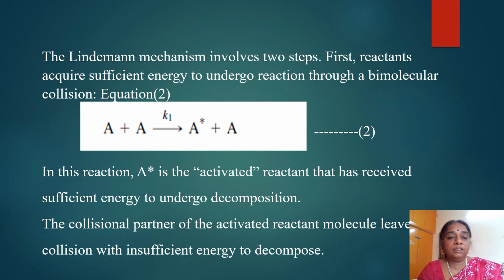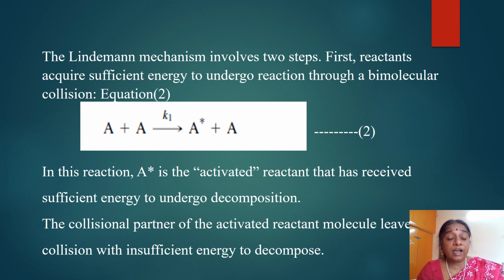The Lindemann mechanism is supposed to occur via two steps. In the first step, the reactants acquire sufficient energy to undergo reaction through a bimolecular collision given by equation 2. Here, the reactant A reacts with another reactant of similar type A, undergoing a collision to give A star, which is represented as a molecule with excess energy, and another reactant going out as simple A with lesser energy.